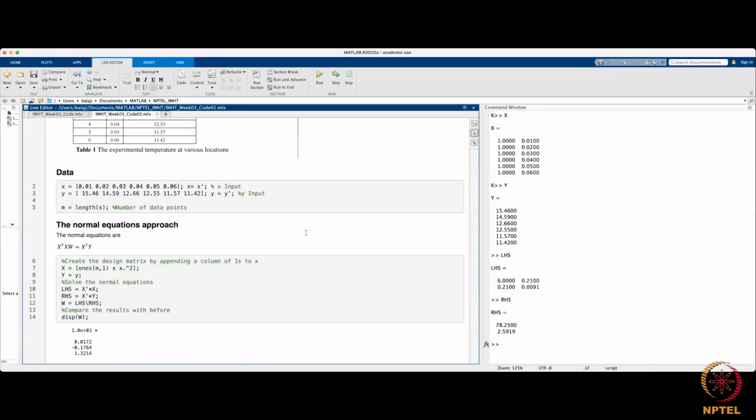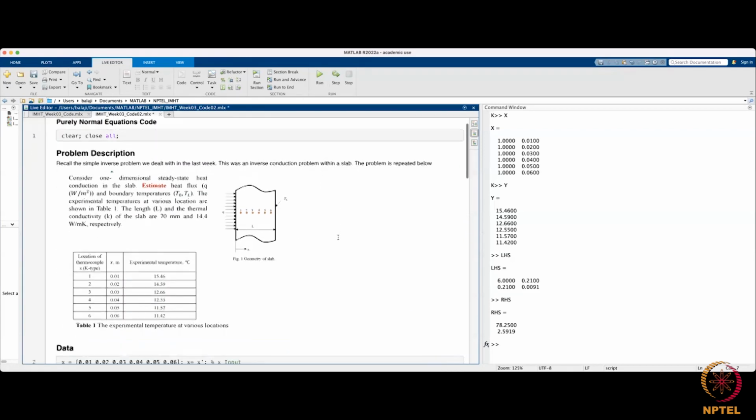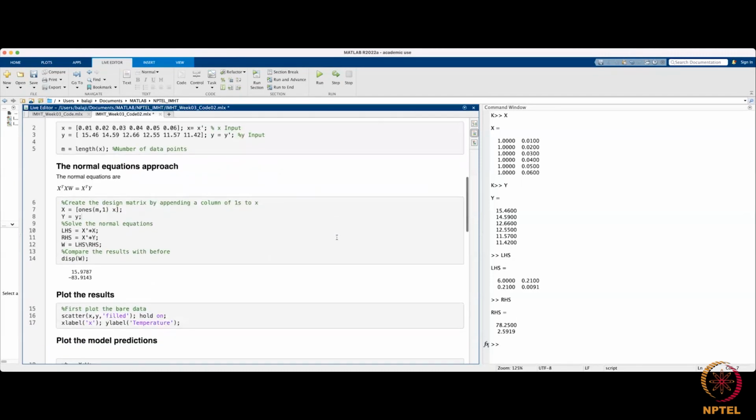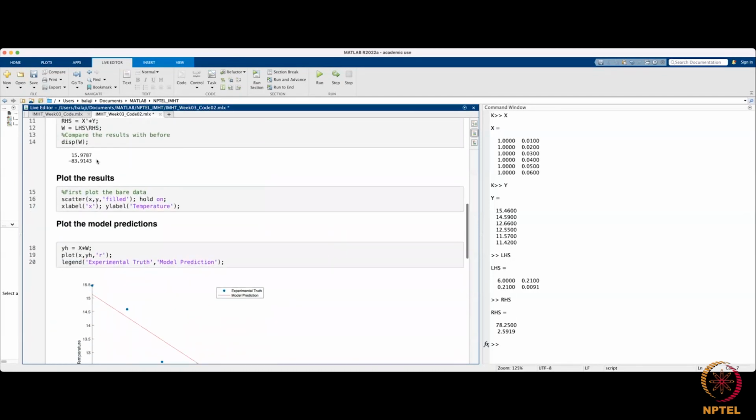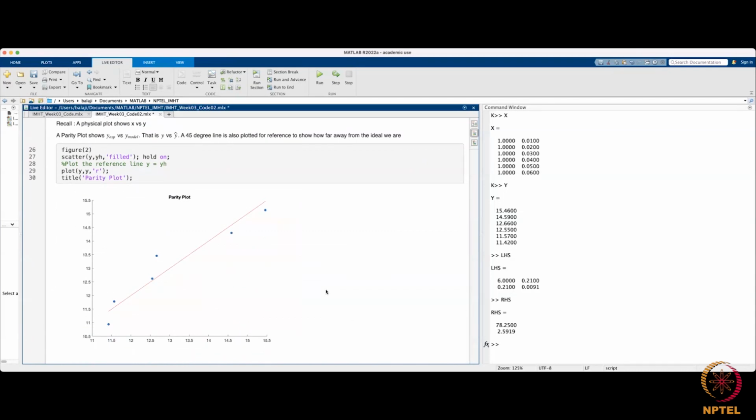It's the same code as before. So let's rerun the entire code. All I have done is remove the previous portions. You can still see the same results as before, 15.97 and minus 83.91. And you have these plots here, the parity plot, R square, etc.